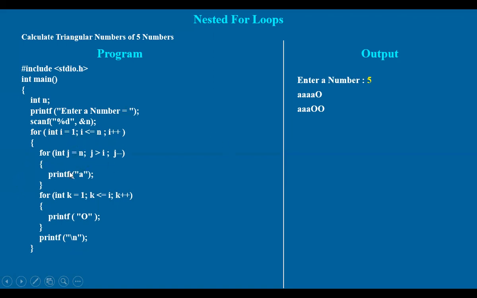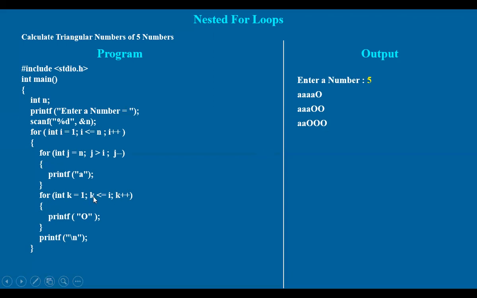In this statement, J value is decremented, which means the spaces you are providing here are initially 4 spaces, next 3 only, next 2 only, and then 3 zeros will come, right? Because the value of K is tested with I, which the third time becomes 3.